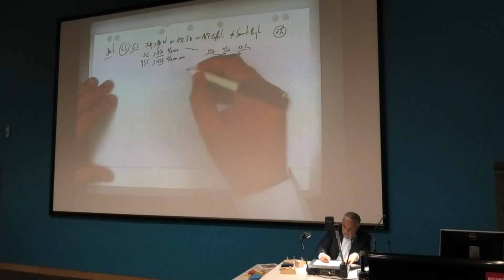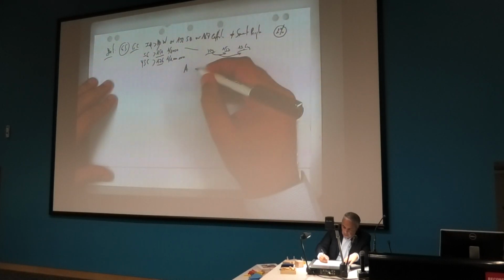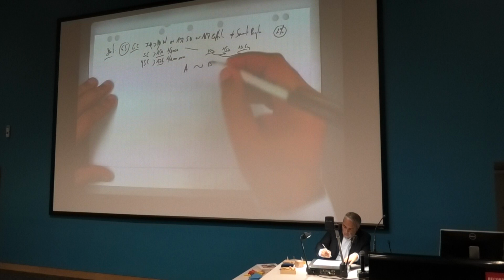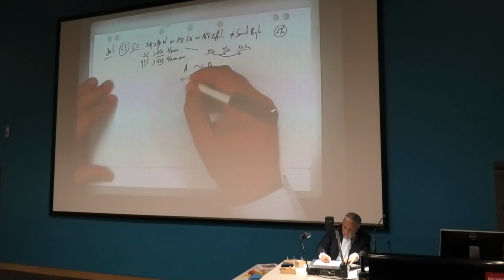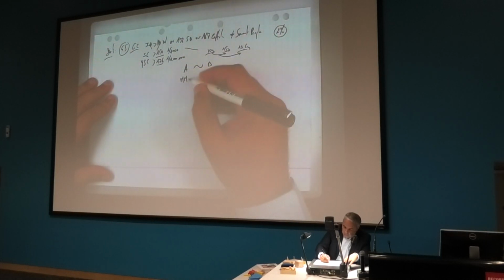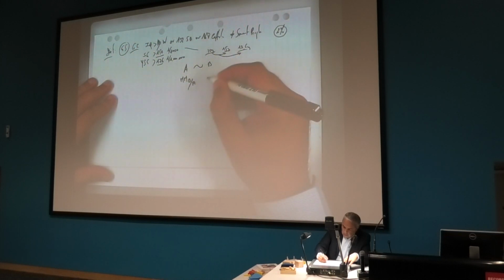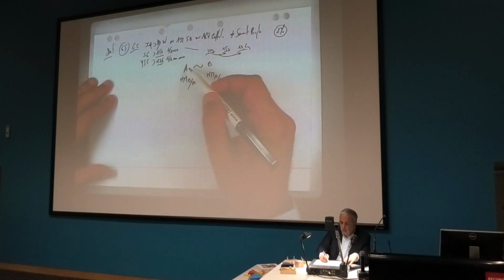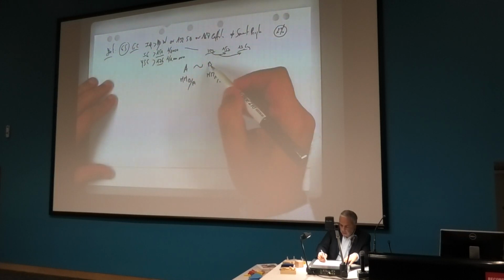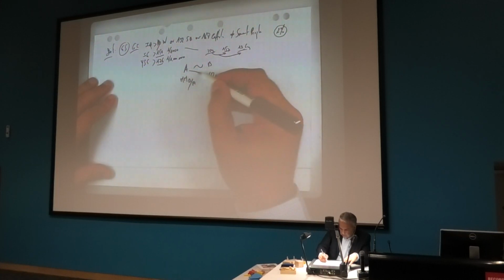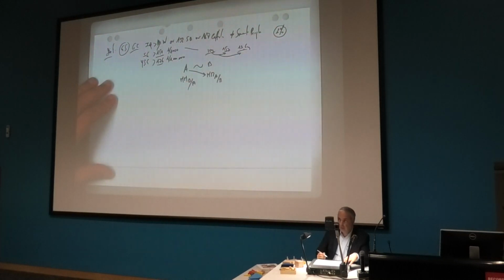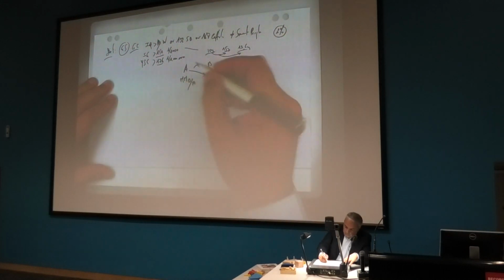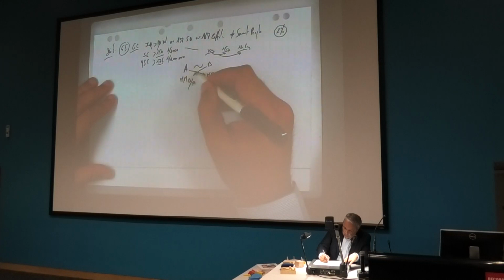So we have a model. A is talking to B, but in fact we have a mental model of B in A, and a mental model of A in B. So when A speaks to B, in fact he speaks to this model, and the answer of B is to this model.